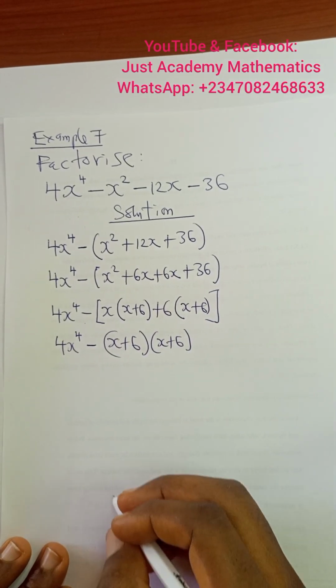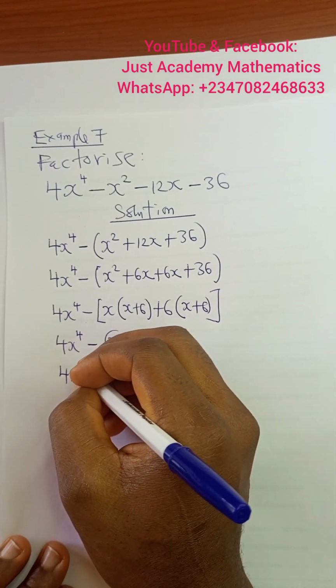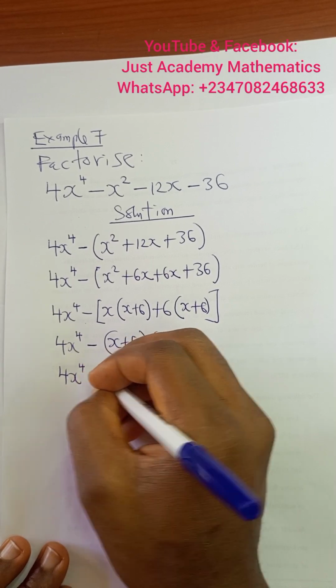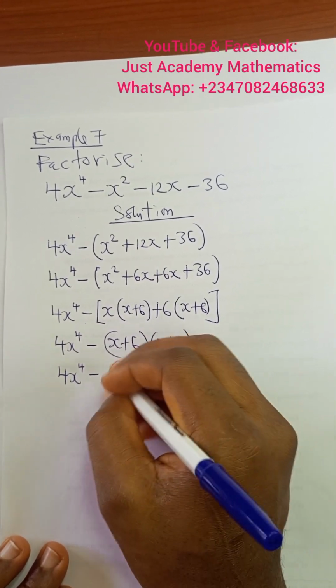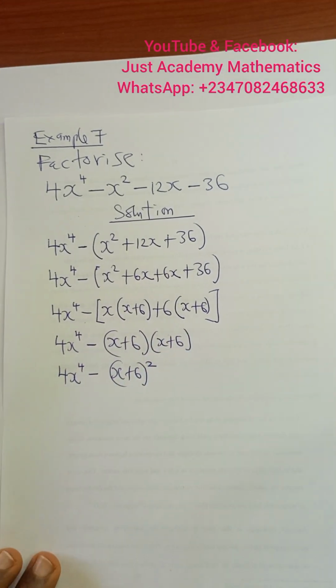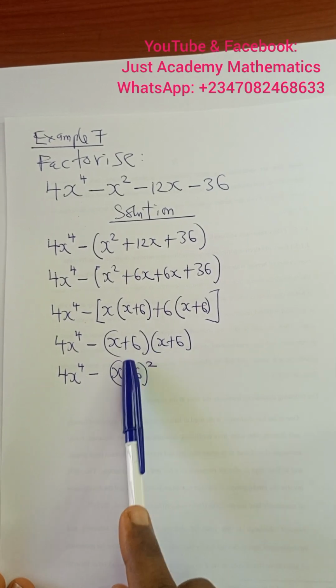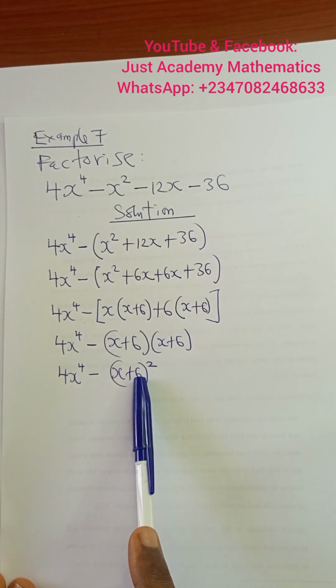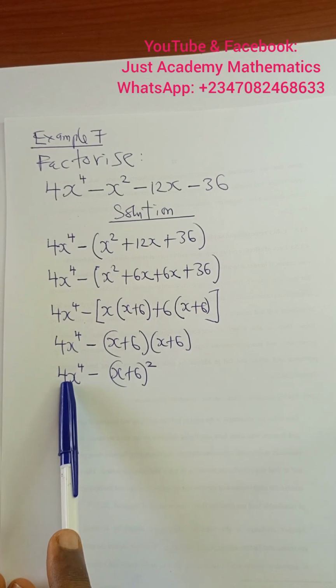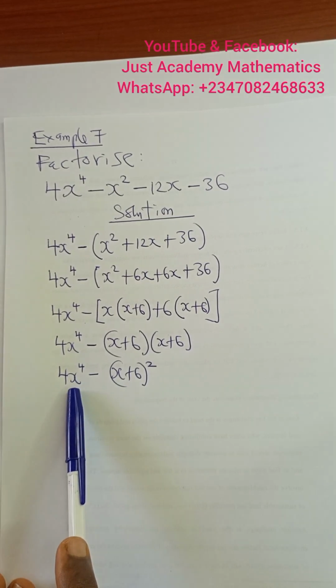So in other words, we are saying that 4x raised to the power of 4 minus (x plus 6) raised to the power of 2. So notice that this one now is a square. It's a perfect square. This expression is a perfect square here. And this one can be expressed as a perfect square. How?